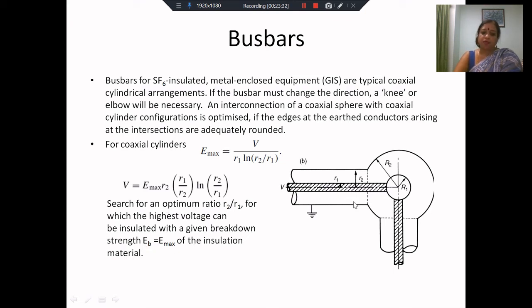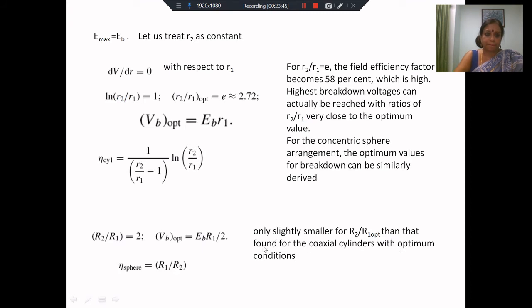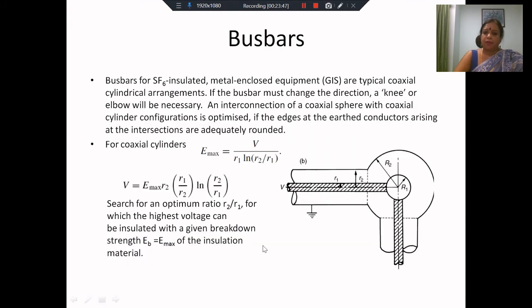Now, I want to optimize this cylindrical portion of my geometry. Now, R2 is fixed, because R2 is decided by the space that is available to me. I am going to put my GIS in a particular location, and I know how much space is available to me where I can put it.